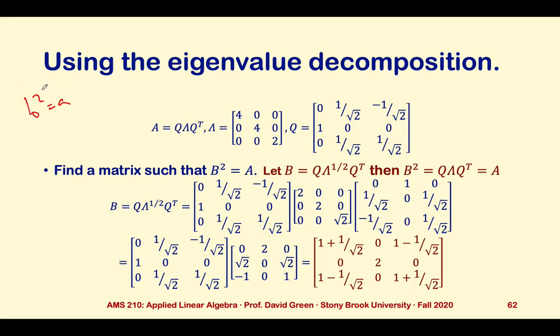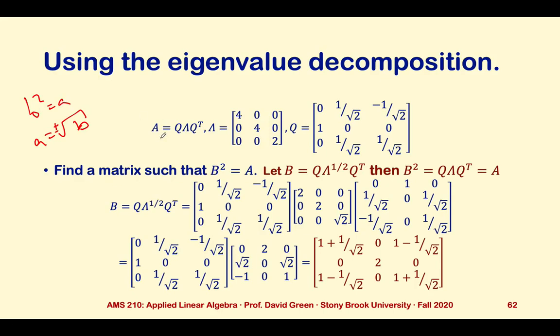We'd say, how do we find B squared equals A? We would say that B equals plus or minus the square root of A, right? And if this is true, then we would be able to square this. Can we do the same thing here?